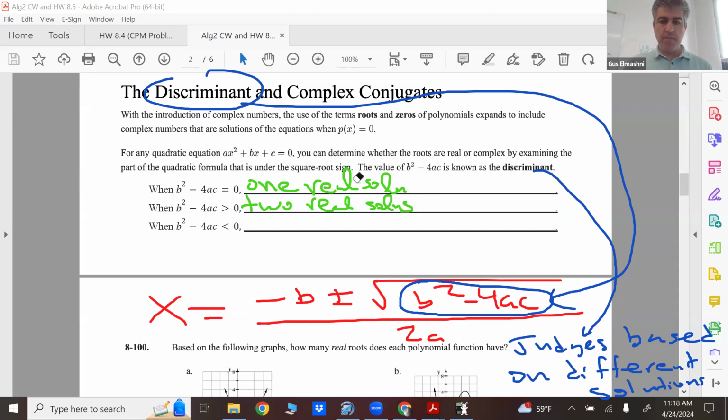When it's less than 0, you have 2 imaginary solutions. Or in essence, you have 1 x-intercept, 2 x-intercepts, and here you have no x-intercepts.